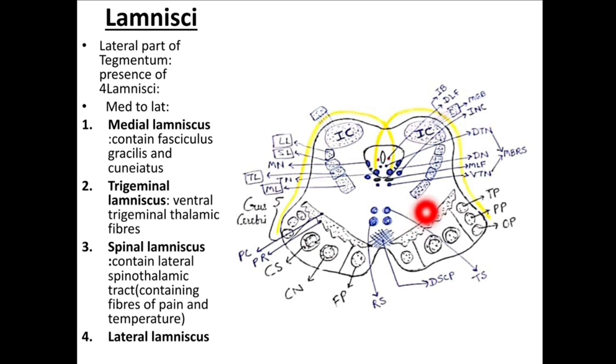Lemnisci. Lemnisci form the lateral part of the tegmentum, 4 in number. Most medial is the medial lemniscus, containing fasciculus gracilis and cuneatus. Next to it, the trigeminal lemniscus, containing ventral trigeminothalamic fibers.